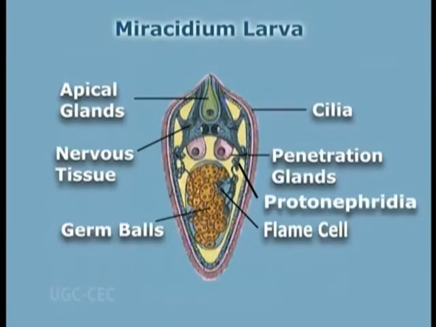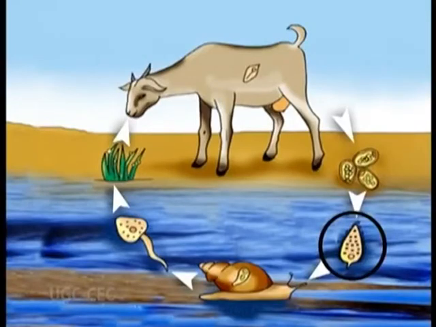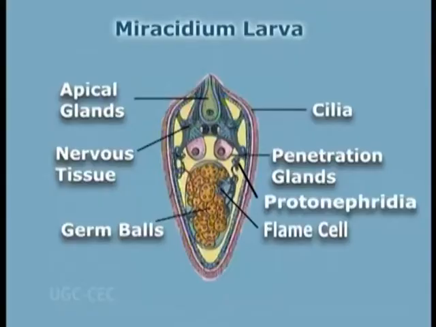The encapsulated embryo differentiates into the Miracidium larva in 4 to 15 days. It will hatch out and swim in water, and the swimming speed of this larva is very slow.